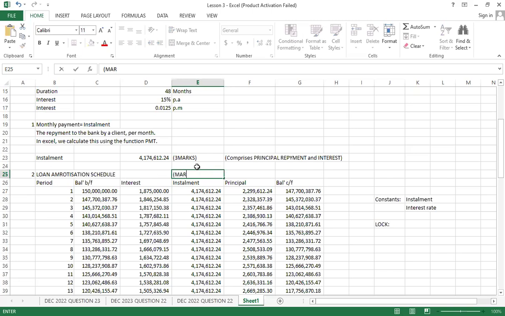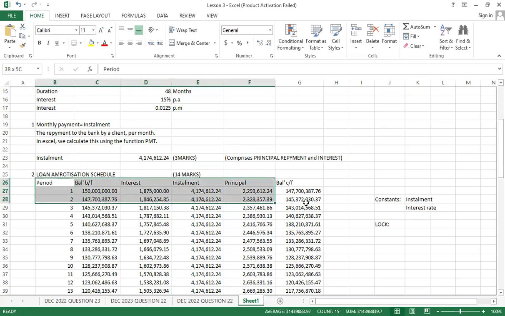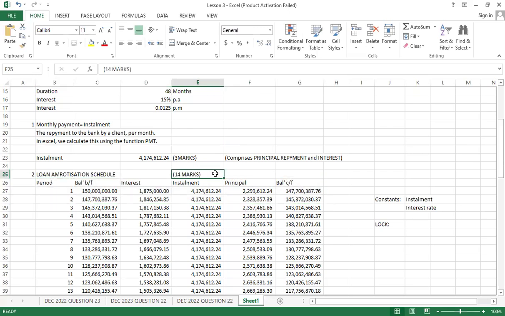They gave the same information like this. The first requirement was that you compute the monthly repayment, just the way we have computed it. And then part 2 wanted the loan amortization schedule, the same thing we have done here, for 14 marks.